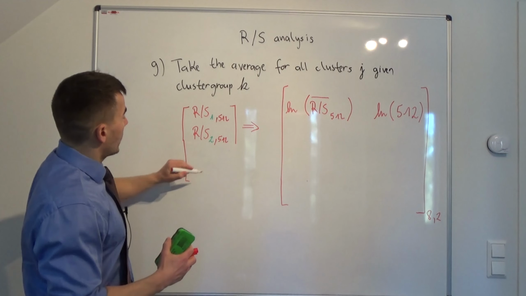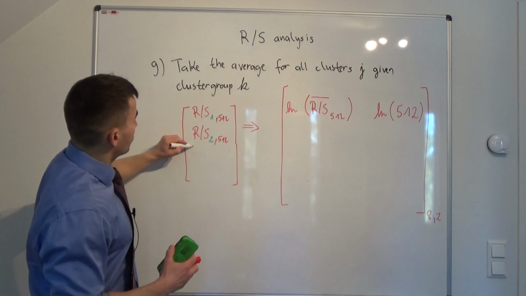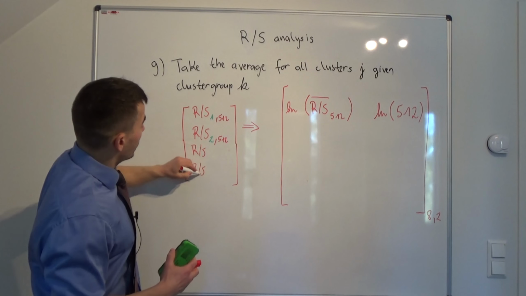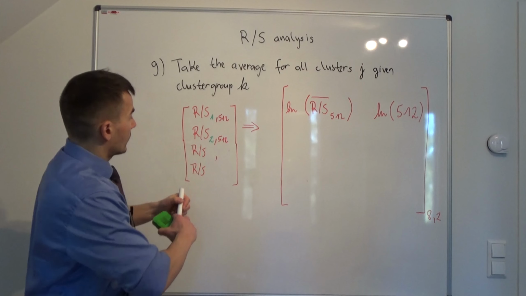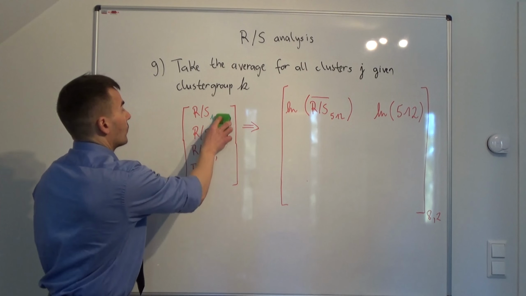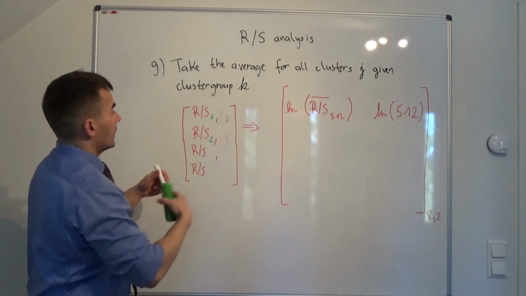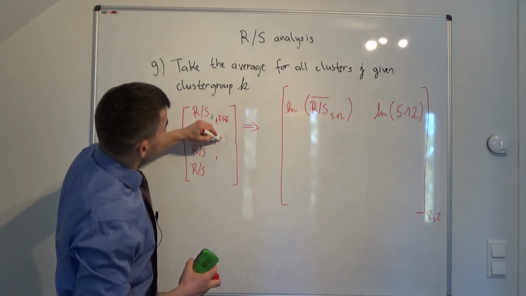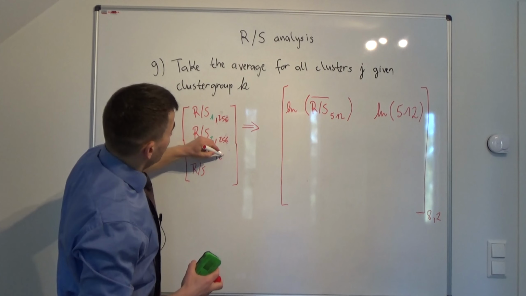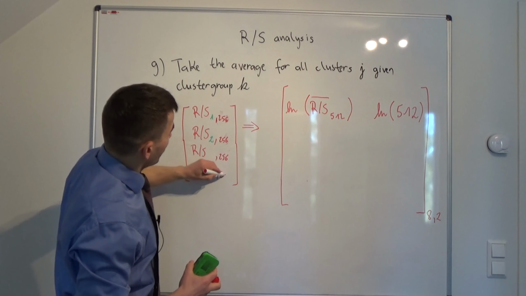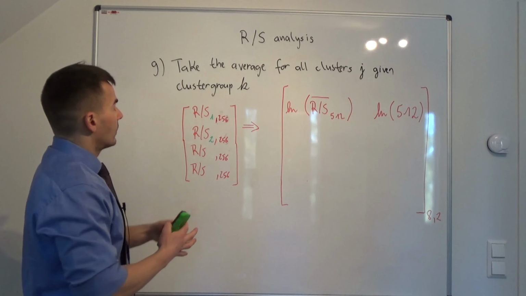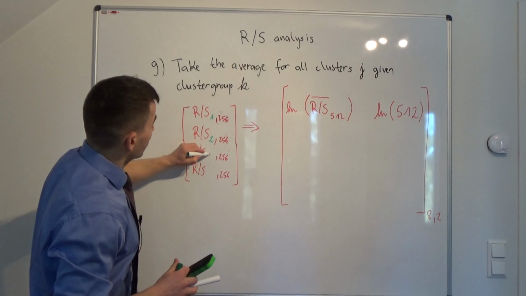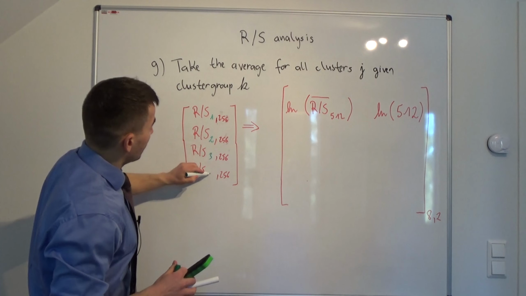So obviously we have to compute 4 rescaled ranges, and the corresponding size is then 256. And we have then obviously 4 clusters or subclusters.